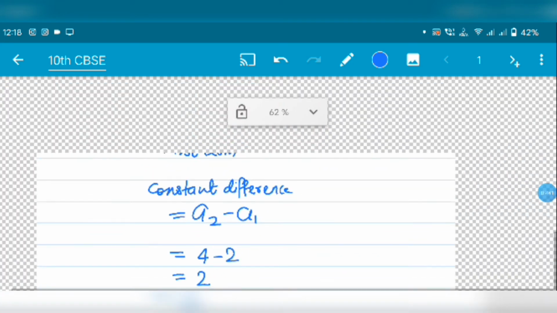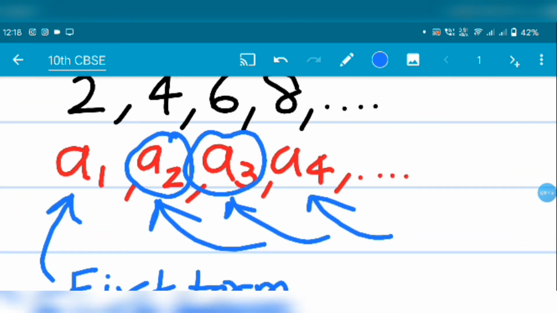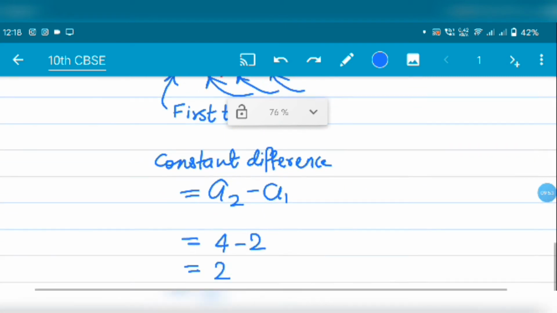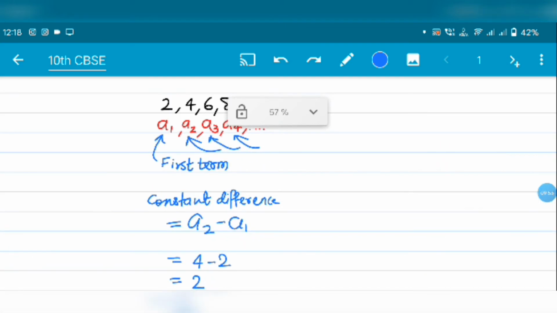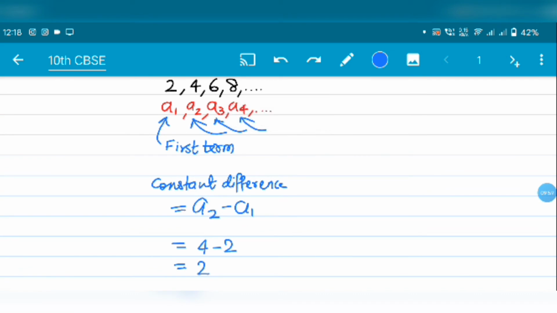In the same manner, if I take the difference between A3 and A2, 6 minus 4, again you will get 2. If I take the difference of 8 and 6, again you will get 2 only. So very simple. Whenever in any progression the difference between two consecutive terms is constant, that is known as arithmetic progression. I hope it is clear now.